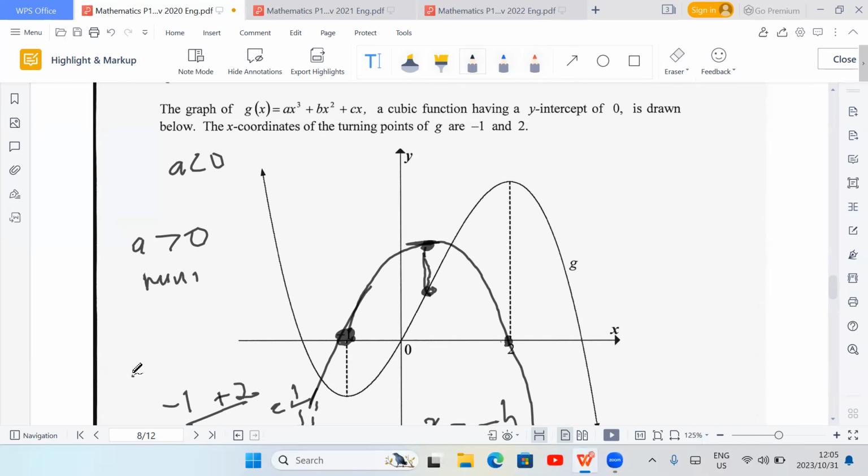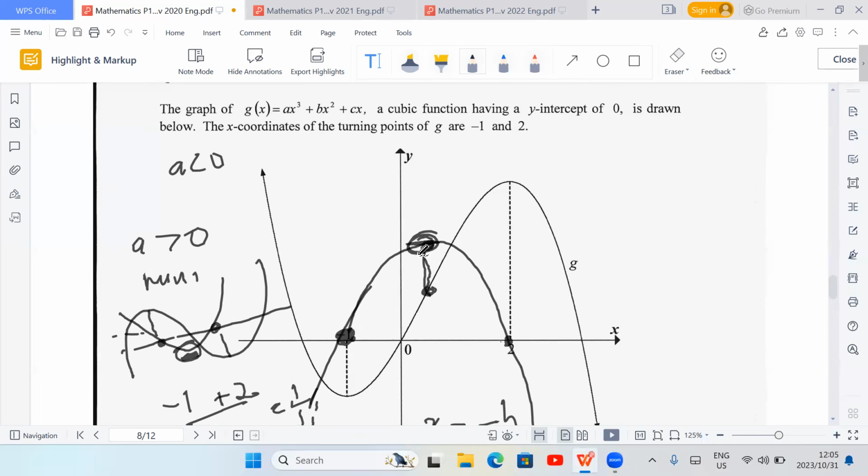Because with a greater than 0, your graph looks like this, right? Then if you have to draw a parabola that corresponds to that, then it will go like this. So the parabola that corresponds to this one, you see, this one will have a maximum value. So remember this point here, the y-coordinate of the point of inflection is actually representing the minimum gradient and also the what?